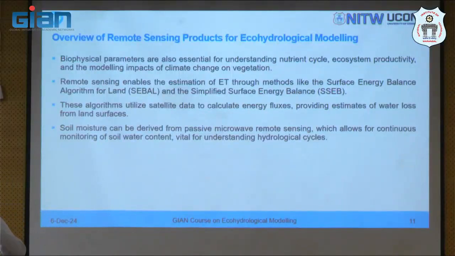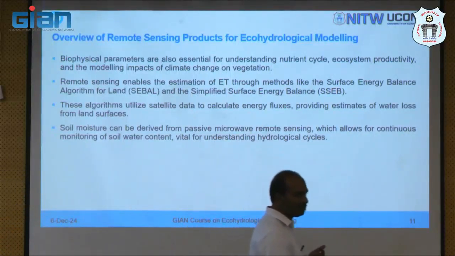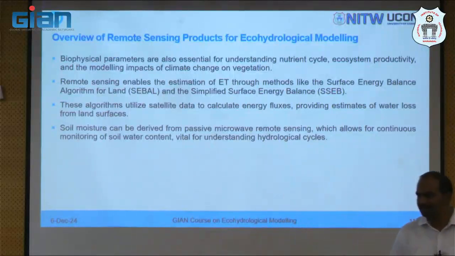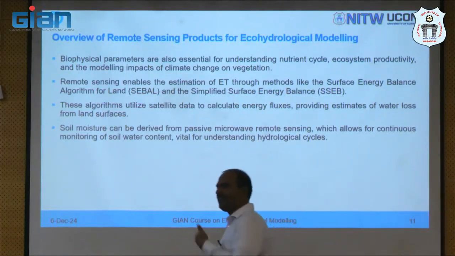But your satellite has a revisit time, which minimum is 5 days for Sentinel. Landsat is 16 days. Any idea how we get daily information? You have used products, right? When you download this data, you have daily information.